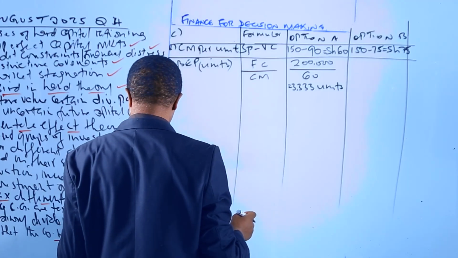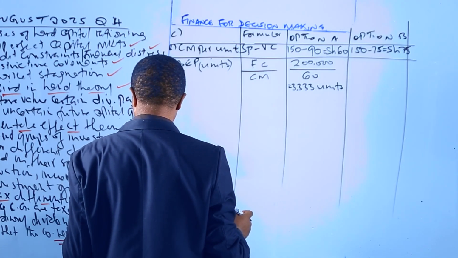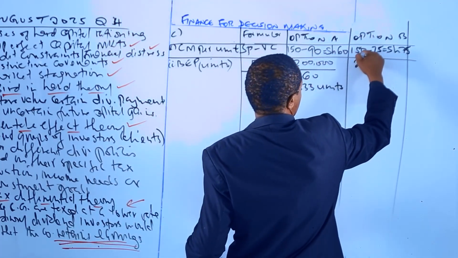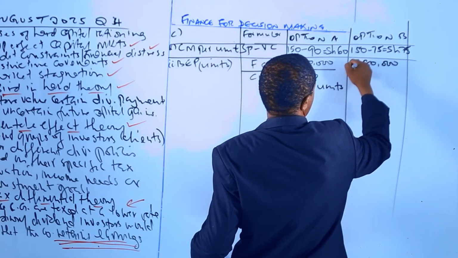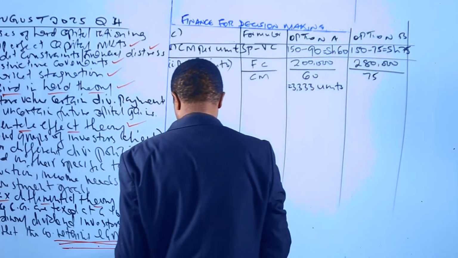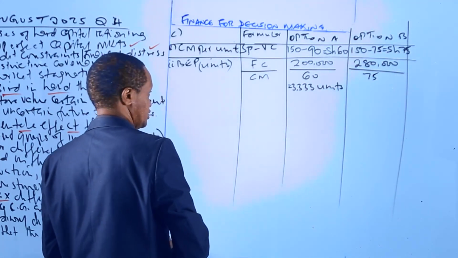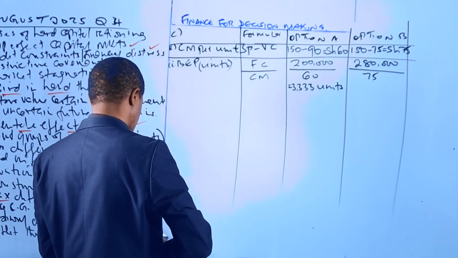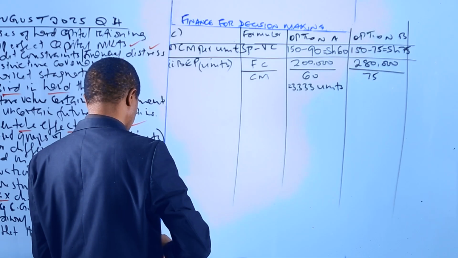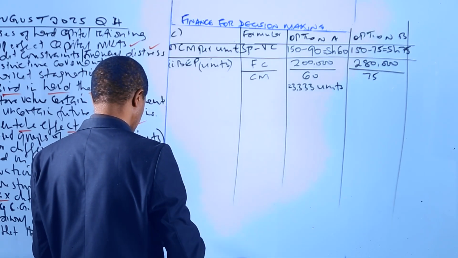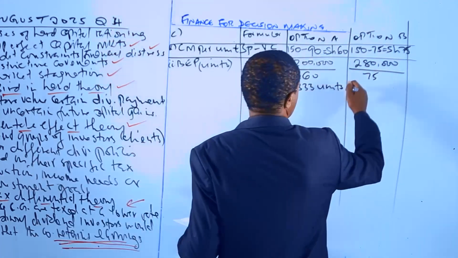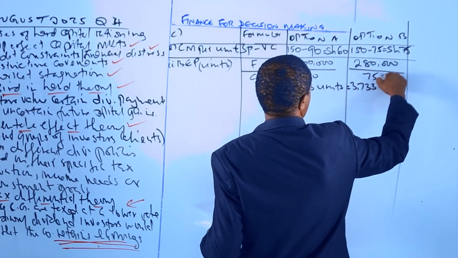Let's do the break-even point for option B. The fixed cost for option B is 280,000, divided by the contribution margin here, which is 75. So I take my machine again and punch in 280,000 divided by 75. I'm getting 3,733 units.